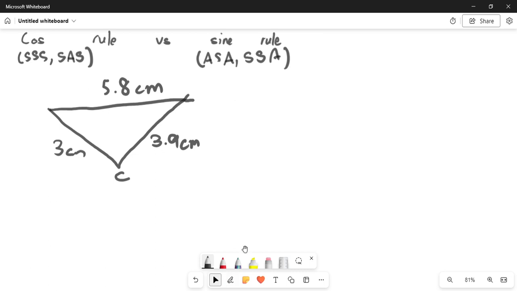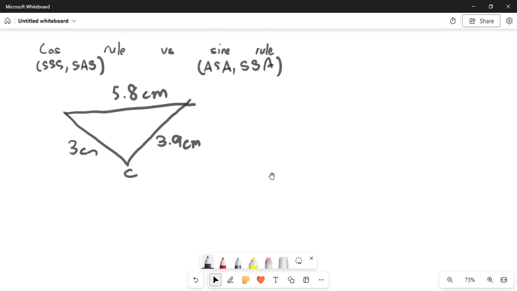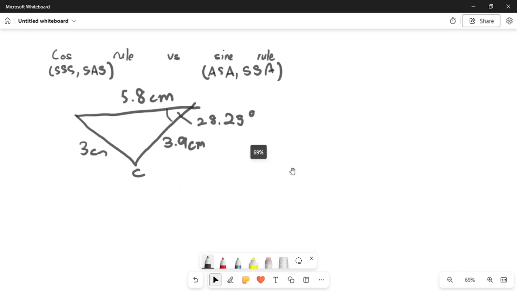Then I want you to calculate angle C. So actually, it looks like you can use the cosine rule to calculate angle C. But wait, there's more. This is 28.25. I have given you the angle some more. So you might be wondering, you can actually use both rules, but which rule is the better one to use?